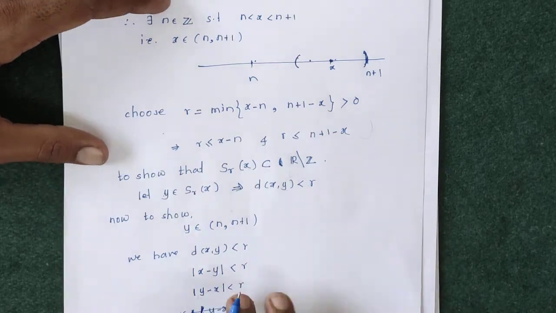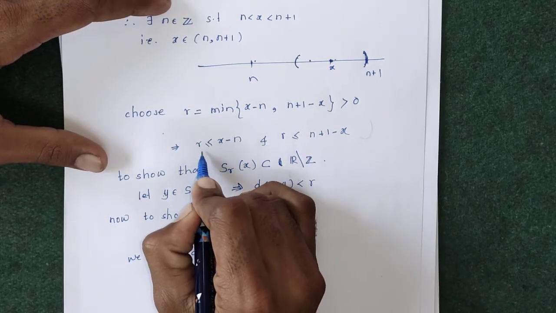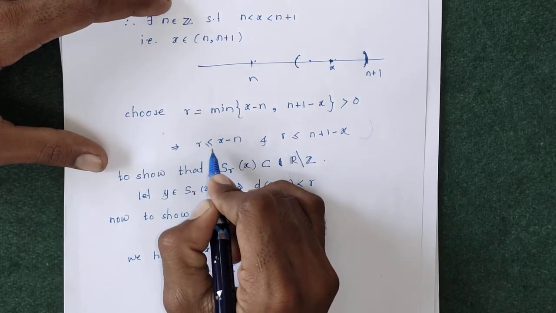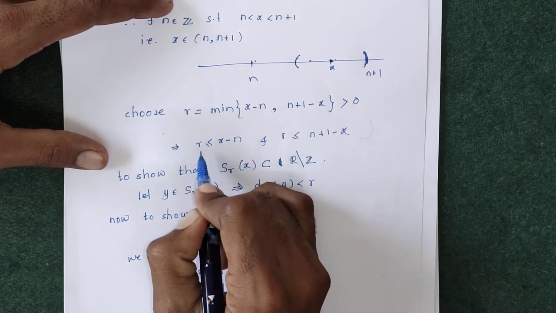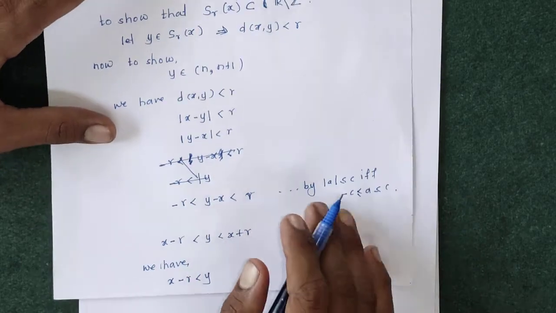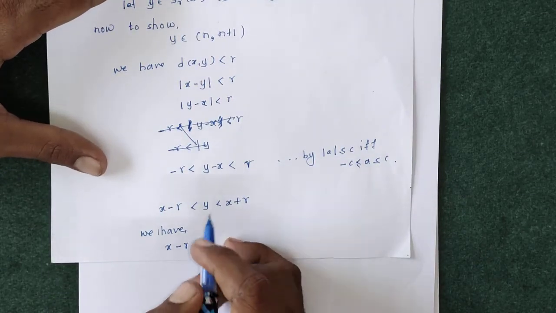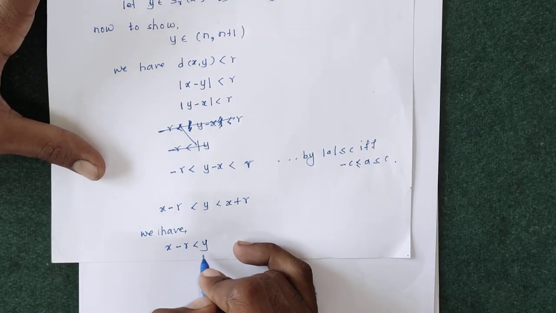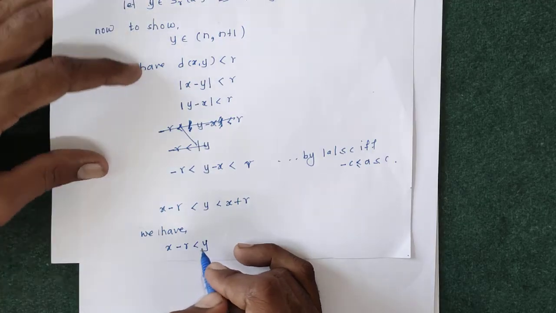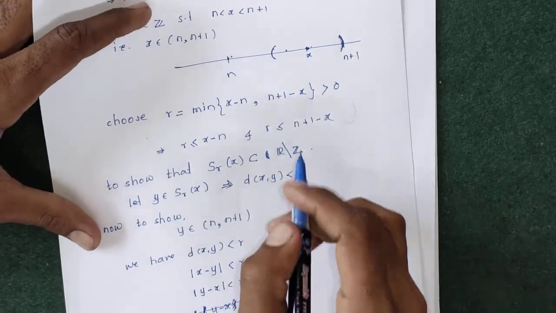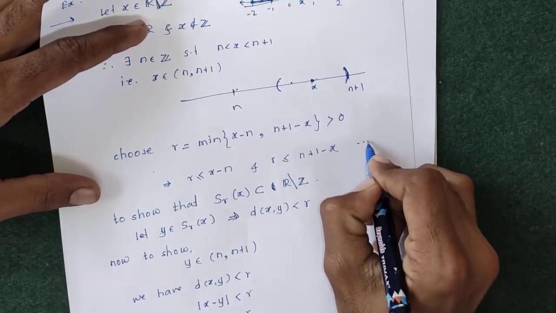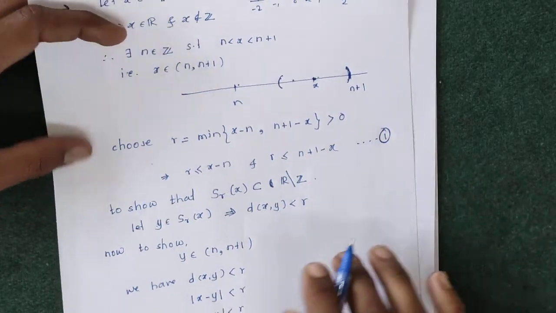But here we have seen that r is less than or equal to x minus n. Suppose this is equation number 1.